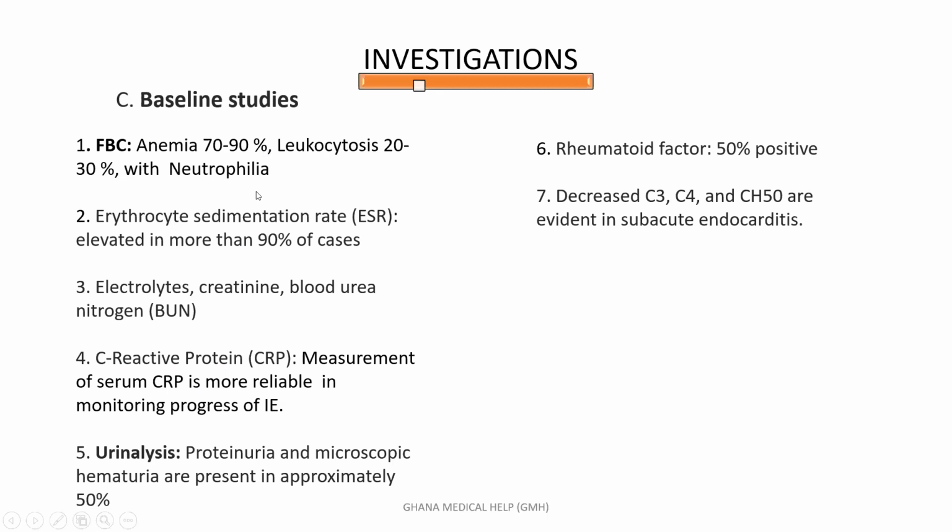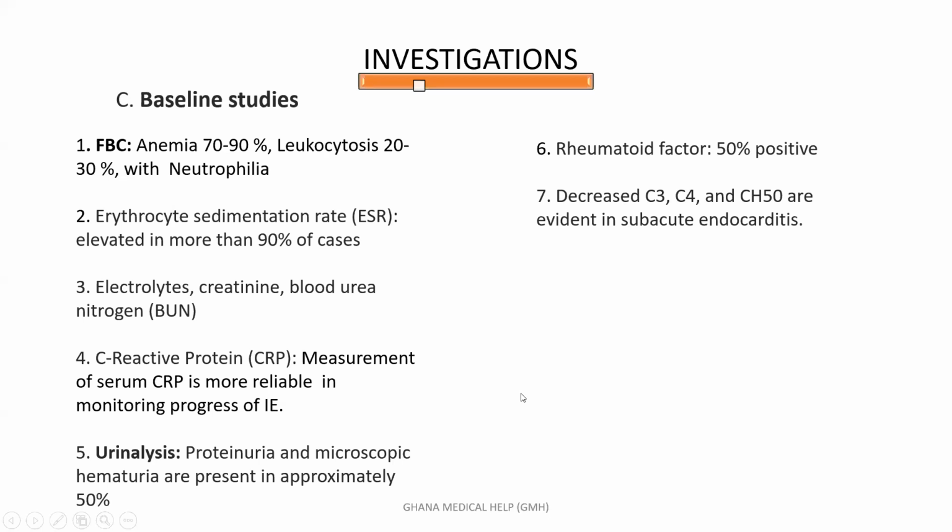ESR is elevated in about 90% of cases. Then our electrolytes, creatinine, and blood urea nitrogen must be done. The measurement of serum C-reactive protein is more reliable in monitoring progress of infective endocarditis.